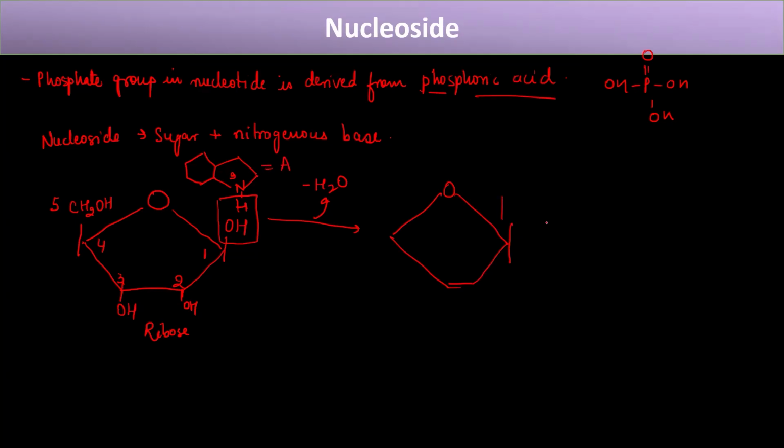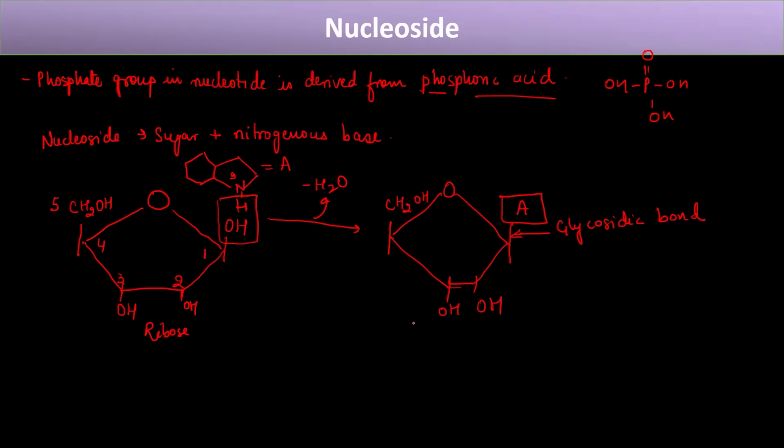I'm not drawing the whole structure, so the base here will be attached, and this will be the adenine. The rest of this will not change. It will have CH2OH, OH, OH. So the bond that will be formed is known as the glycosidic bond.